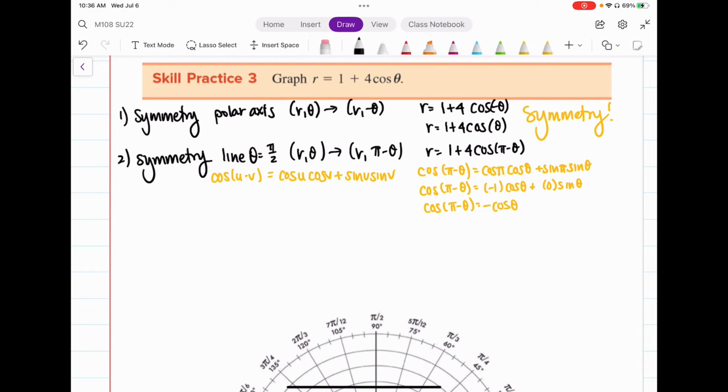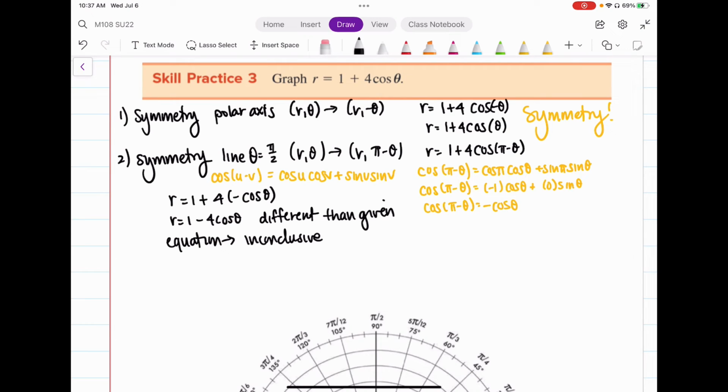My equation then becomes r equals 1 plus 4 times negative cosine theta, or r equals 1 minus 4 cosine theta, which is different than the original equation. That's not going to work, so this is inconclusive.